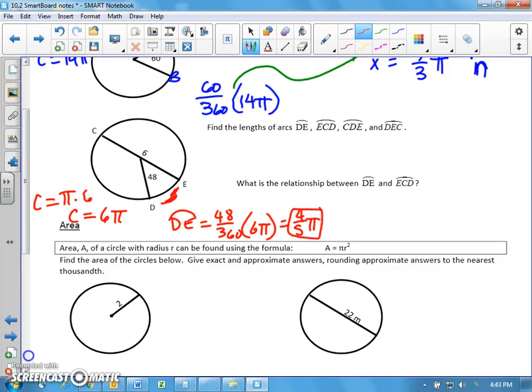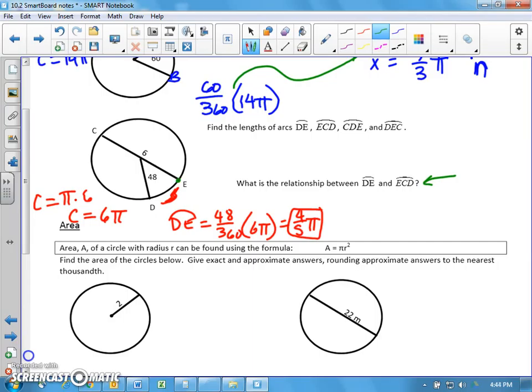Okay, we are also asked to find other arc lengths like ECD, CDE, and DEC. So let's stop and consider the question about the relationship between DE and ECD. Well, let's think. Here's DE, the one that we just did.